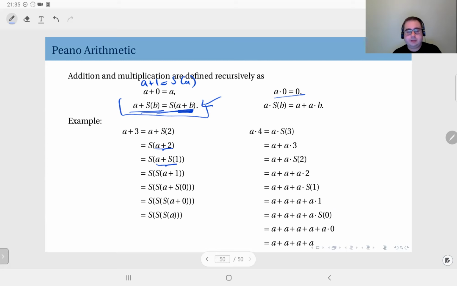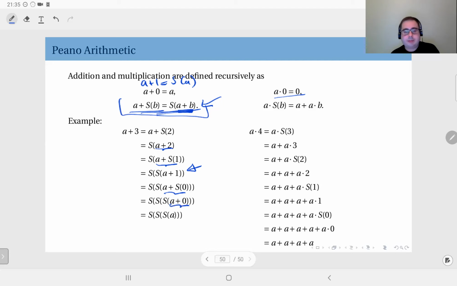Okay, and that, by this definition again, is equal to successor of a plus 1, which gives me the application of the successor function twice to a plus 1. And a plus 1 I can write as a plus successor of 0, which in turn, by this definition, I can write as successor of a plus 0.